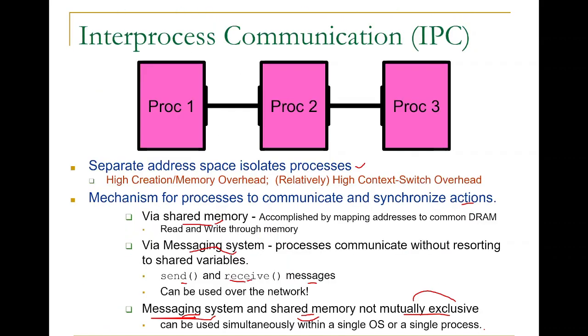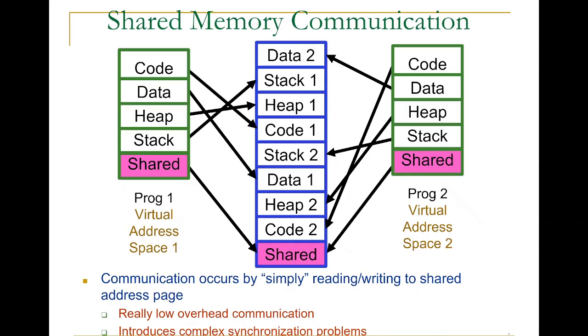let's look at shared memory communication. Here is an example where we have different programs in their own virtual address spaces, and they are going to send information to another location in memory.